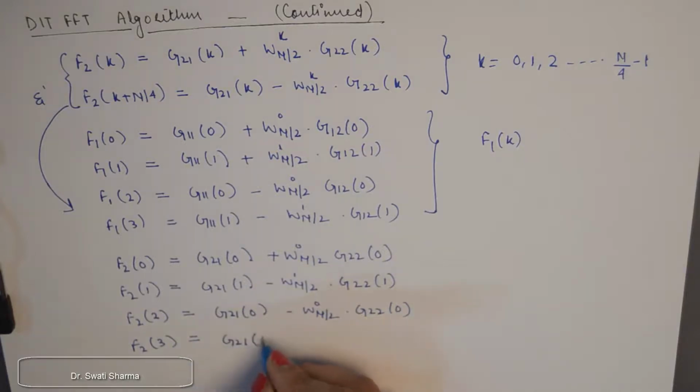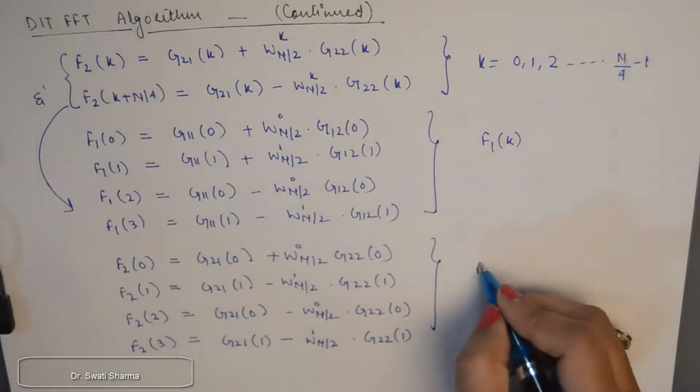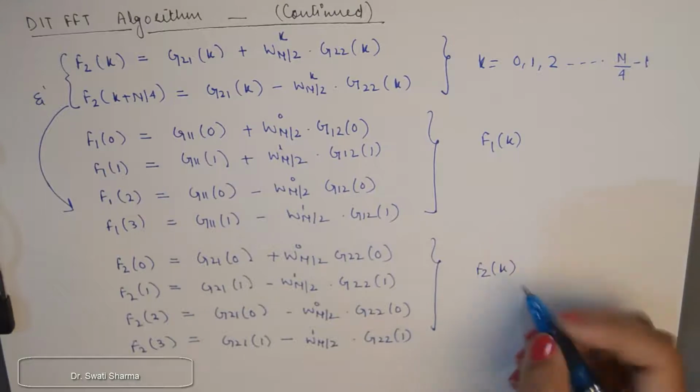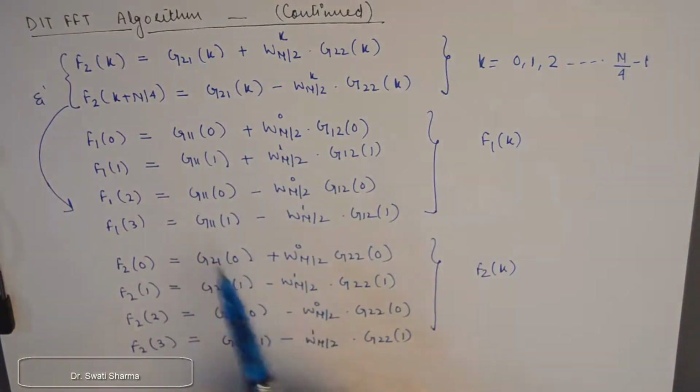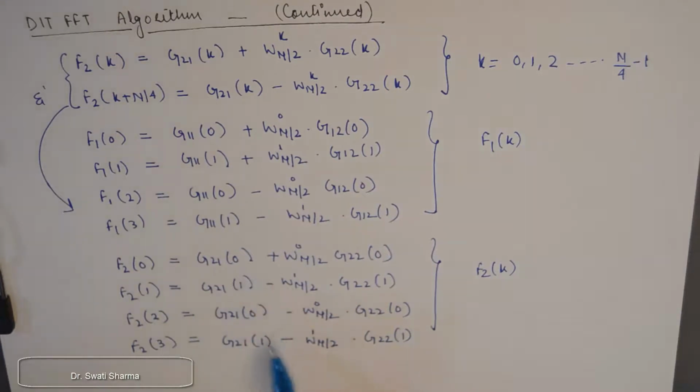equal to g21 of 1 minus wn by 2 1 into g22 of 1. So this gives me the sequence f2 of k in terms of g11, g12, g21 and g22, which is the decimated length 2 sequence which we have developed out of f1 and f2.